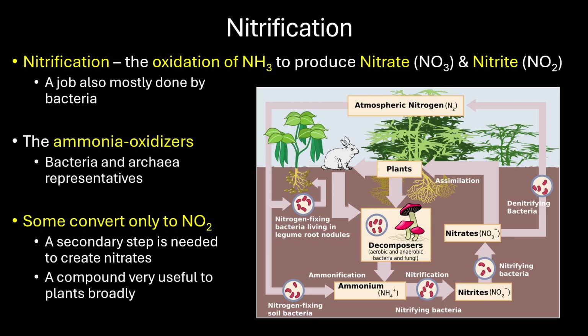These are the ammonia oxidizers, the group of bacteria and archaea that will do this process. Some of these groups will only convert ammonia into nitrite, only into NO2. And so a secondary step is then needed in order to move it up to NO3, into a nitrate compound. So this is one major way that a lot of plants, not just legumes, get access to their nitrogen.